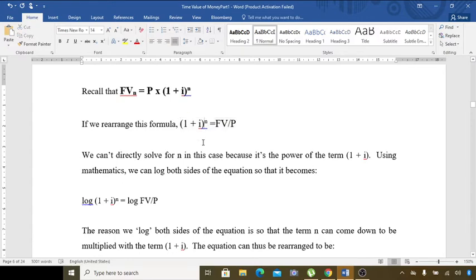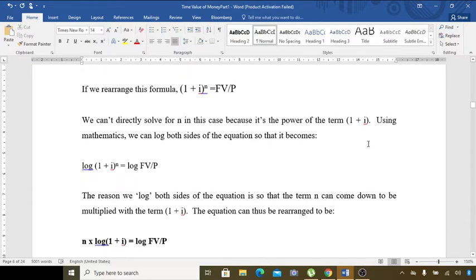Now, this is an exponential term, and we can't solve it directly because n is in the power. But applying the concept of log, don't be afraid of log, it's our friend.